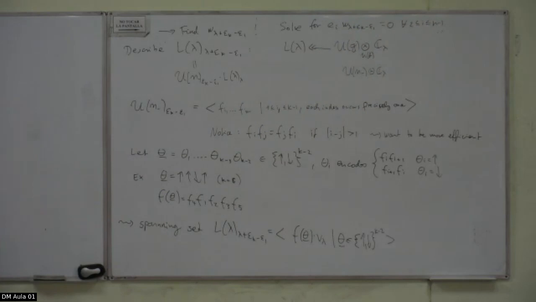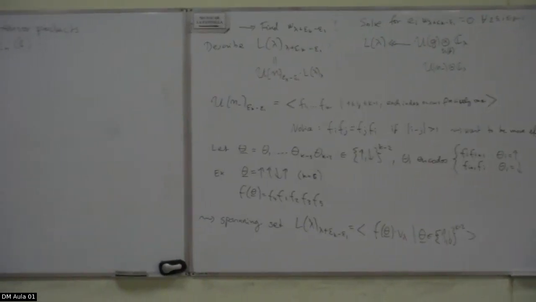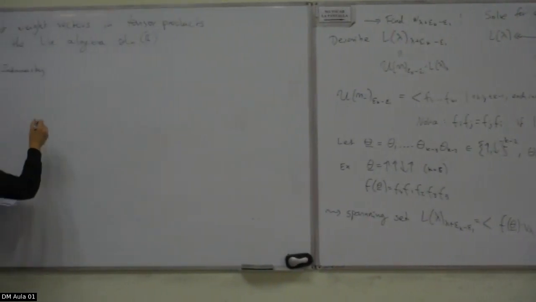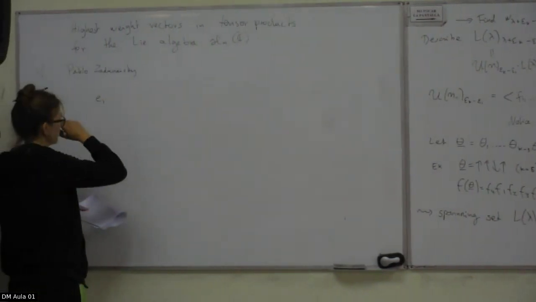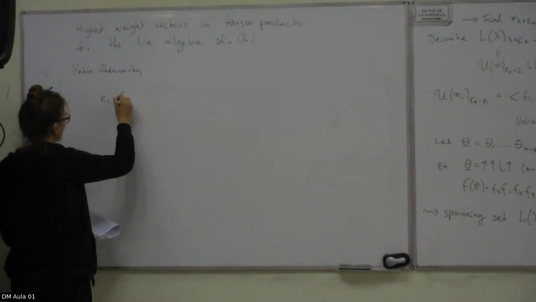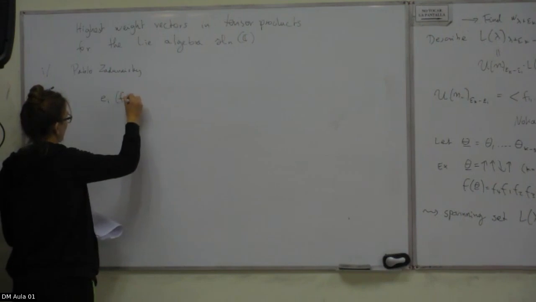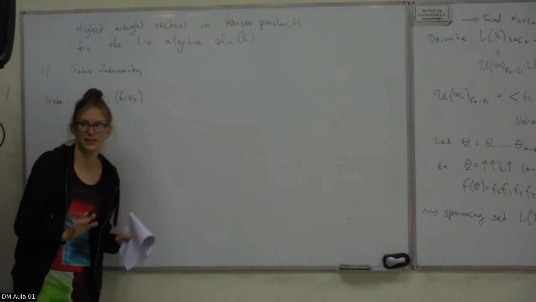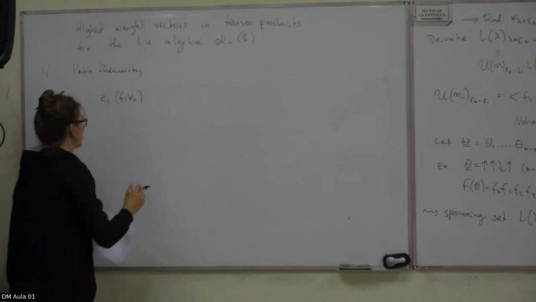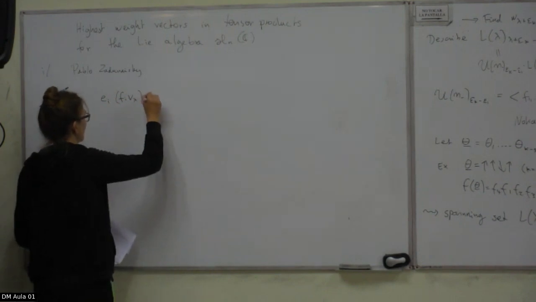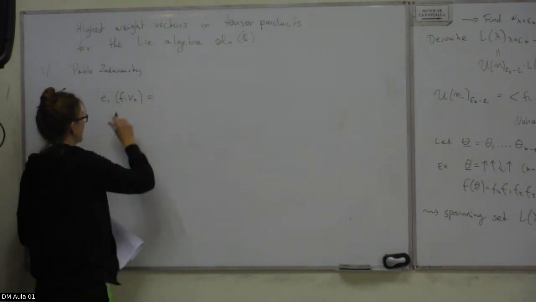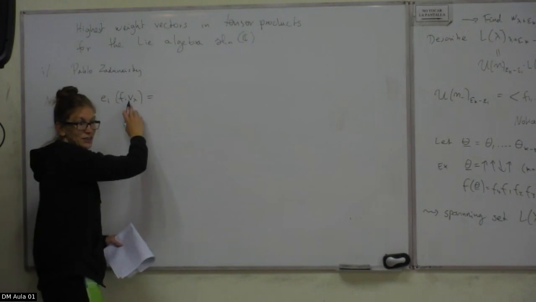One thing to note already, something that will very commonly happen, is the following. When we apply ei to, let's just look at, fi v lambda. It's a little toy example at first to show you the flavor of the computations. Then we can add a 0, because v lambda is a highest weight vector.